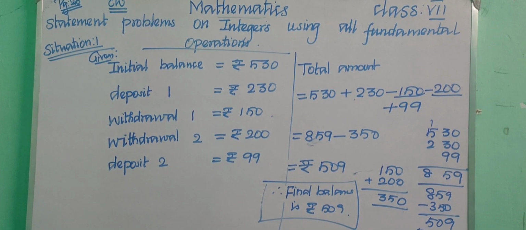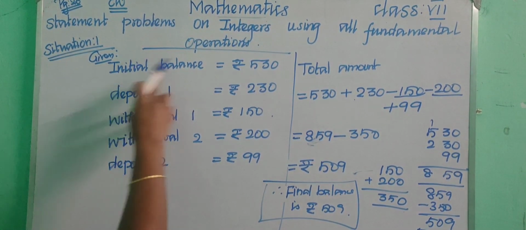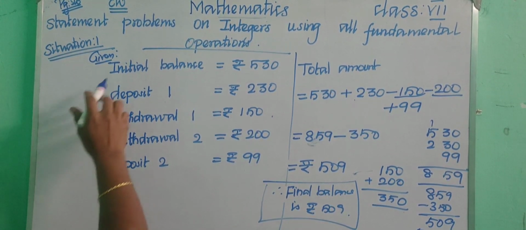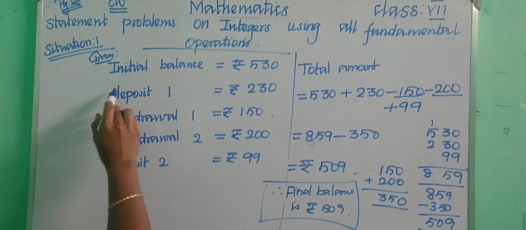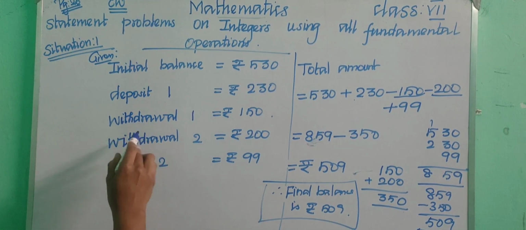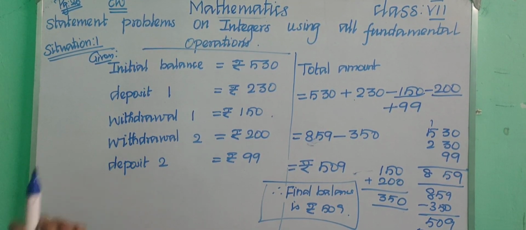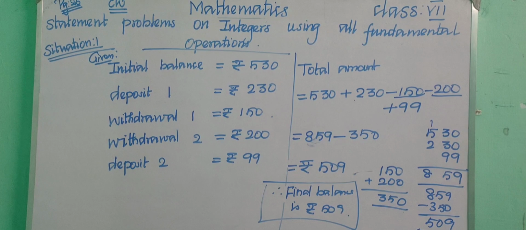First of all read the question and write the given. Write what is given in the question: initial balance, deposit, withdrawal, withdrawal 2 and deposit 2. This is given. First we write the given, and then we solve the problem. Okay, children, did you all understand? While solving word problems, first of all you should read the question 2 or 3 times, and then we need to write the given first.